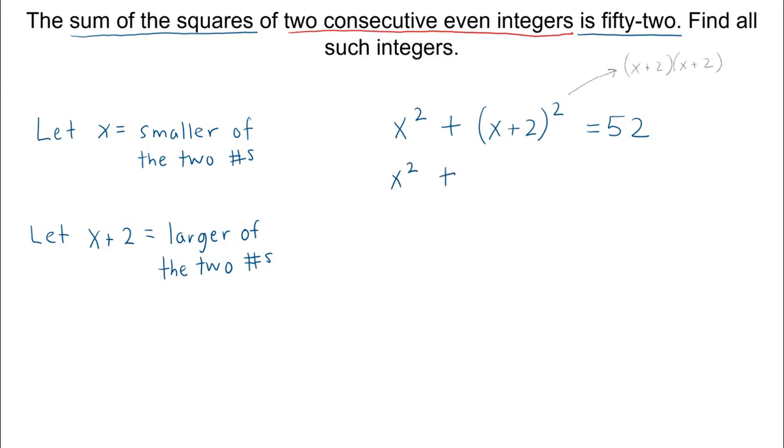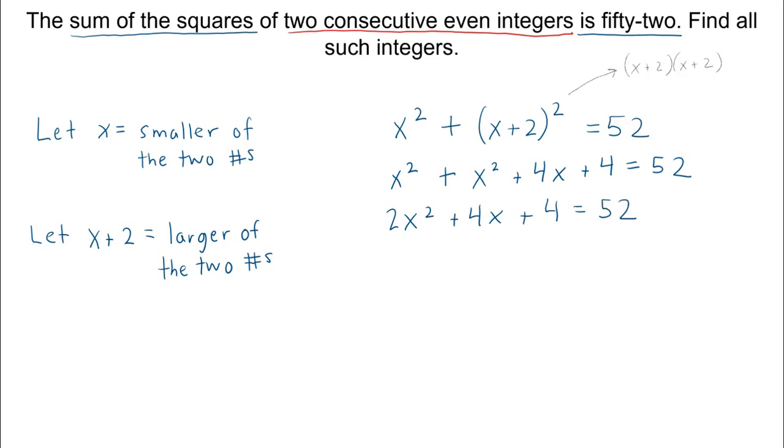Bring down the first term, x squared, bring down the plus, and when we FOIL x plus 2, we'll have x squared plus 4x plus 4, and that is equal to 52. Now let's combine our like terms, the x squareds, and we'll have 2x squared plus 4x plus 4 equals 52.